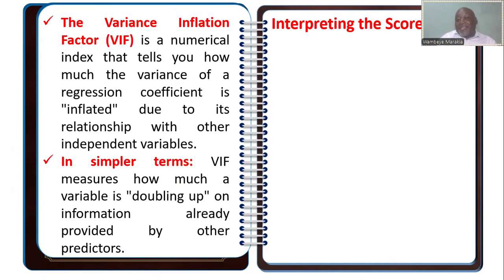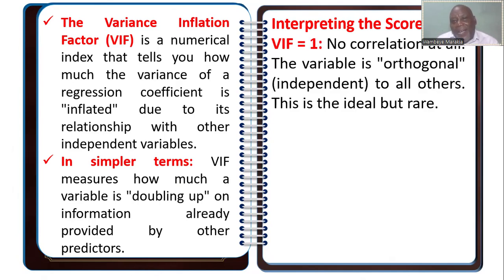Now, how do you interpret this? When you get a variance inflation factor of 1, it means there is no correlation at all. The variables are orthogonal, or independent of each other. This is the ideal situation, and when you are doing research, this one is rare.